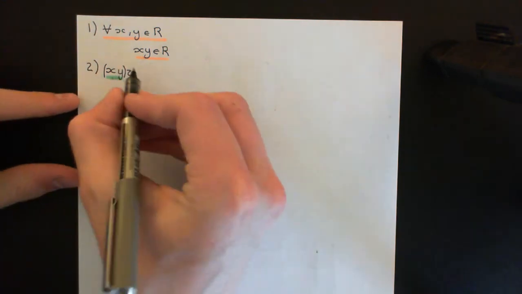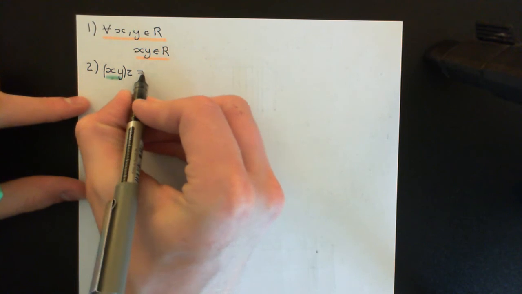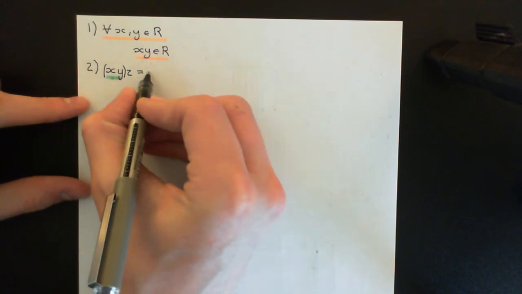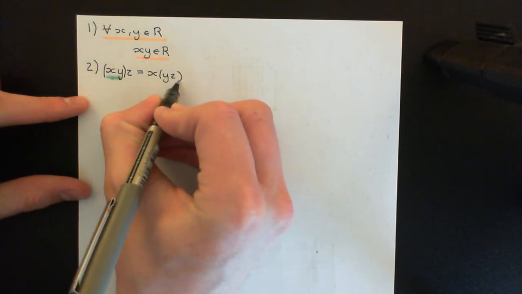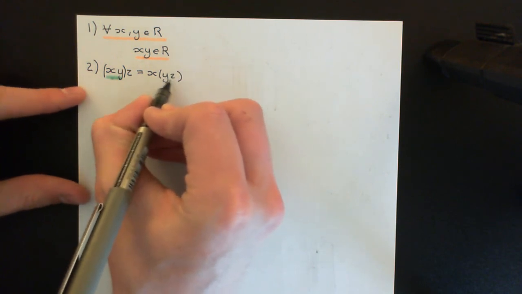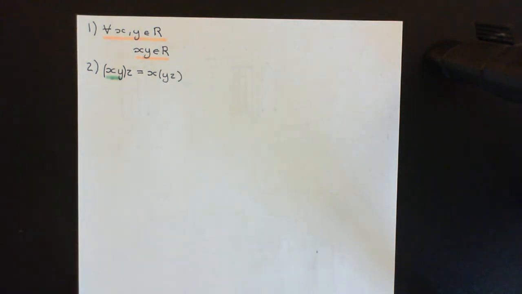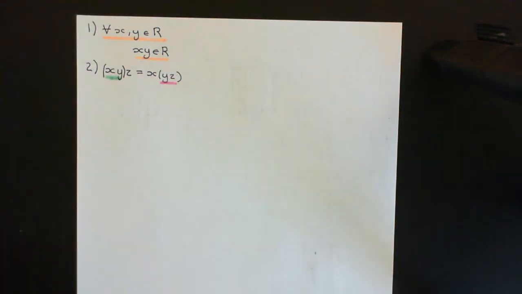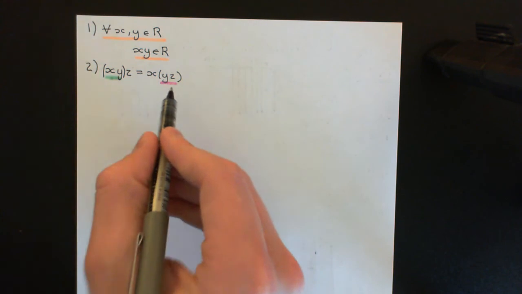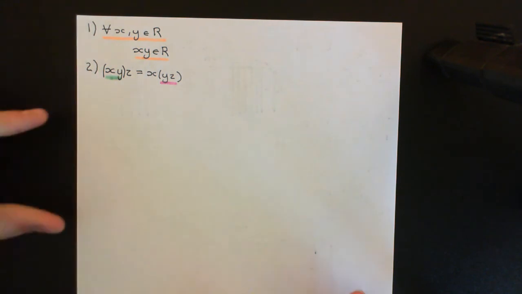And what we're going to insist is that that way of doing this multiplication of 3 things has to give the same answer as if we do it the other way, which is we put the brackets around y times z. So for the right hand side here, this means firstly multiply y and z together in the ring multiplication table, get some answer that's again back within the ring, and then take x and multiply it with that answer in the ring.